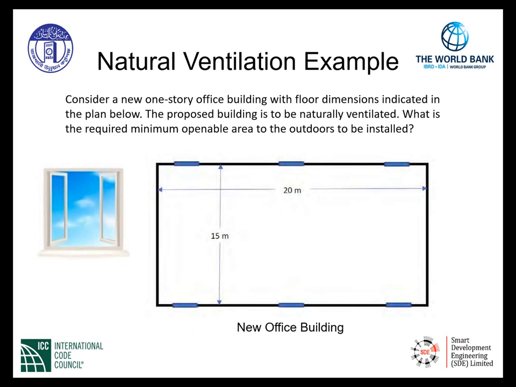As shown here, it's a smaller building, new office building. The dimensions, as indicated here, are 20 meter by 15 meter. The natural ventilation will be through openings such as windows, indicated as seen here on the exterior wall. These are openable windows.